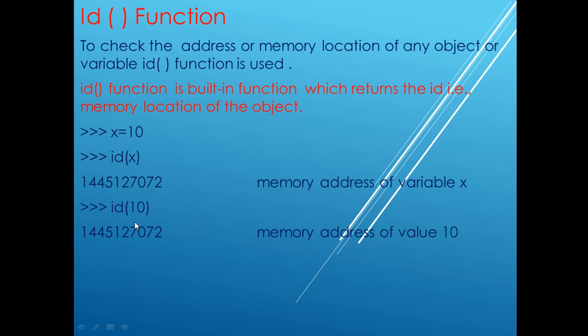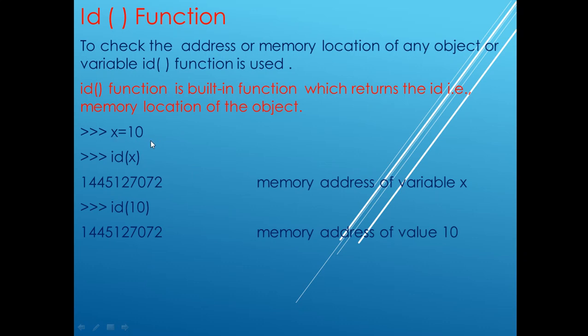So all these things I have written in the interactive mode, where you will see the three greater-than symbols. As soon as you enter the command, at that time only you will get the result. So this is about the interactive mode.